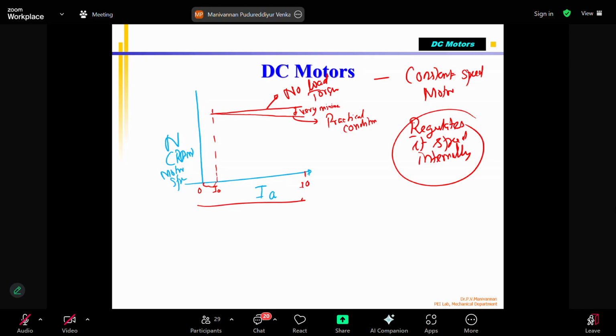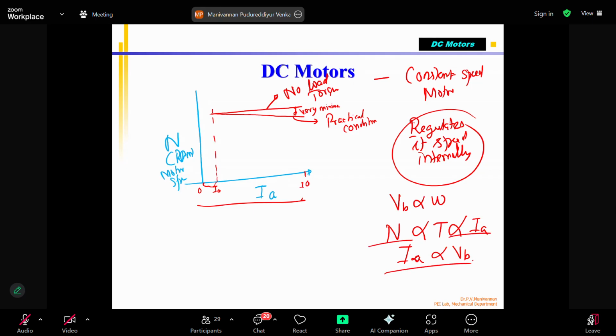We know that if speed increases, what happens? VB is proportional to omega, correct? And the speed N is proportional to torque. Torque is proportional to IA. IA is proportional to VB. Correct? All of these are interconnected.